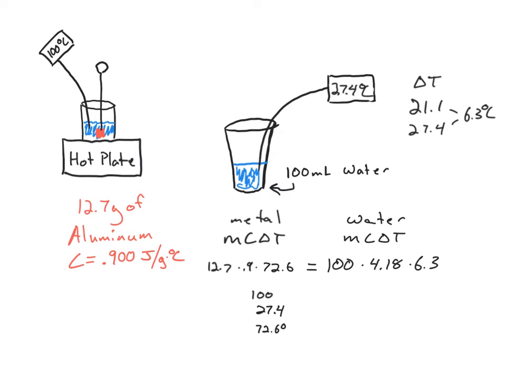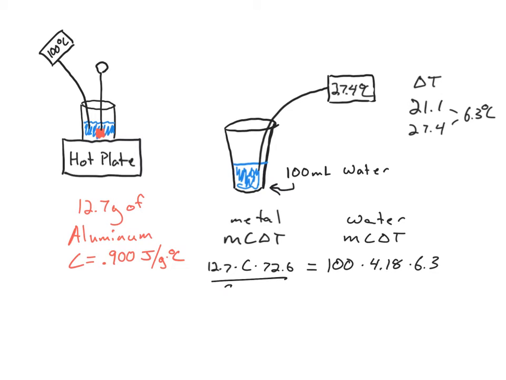Now, usually in a situation like this, we're asked to solve for the specific heat of the metal. And then we're often asked to compare that to what it should be. So let's do this problem as though we're solving for the specific heat of the metal. So 12.7 times 72.6 is equal to 922.02.